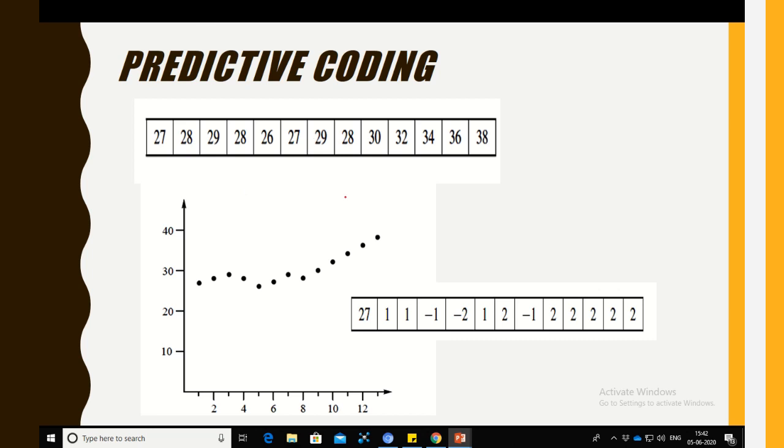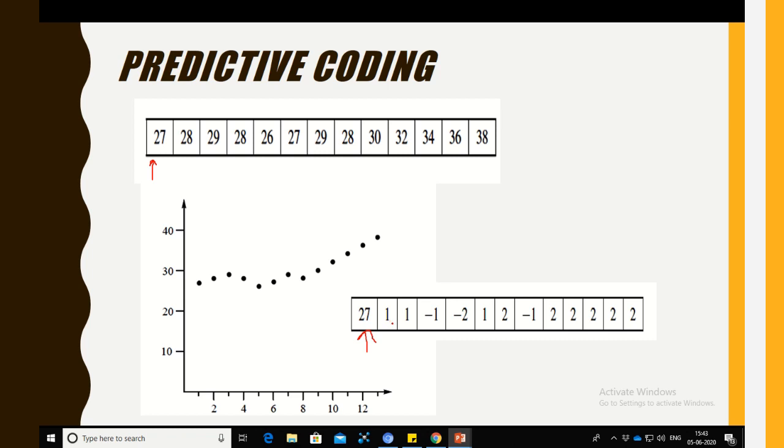Now coming to the next, predictive coding. What does it mean? Once I have certain data, I try to predict which value will be next. We have started with 27. The plus-minus things can be done here. When I plot the graph, I don't see any linearity, so I will send the 27 value as it is, and then go on adding.